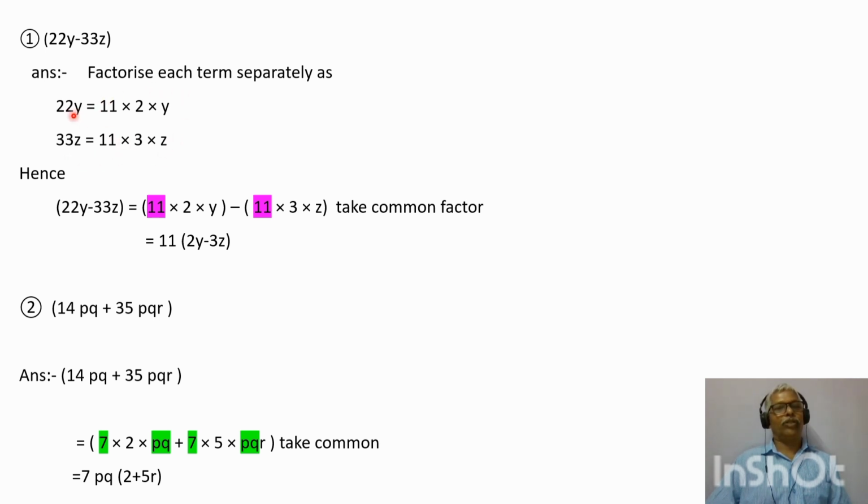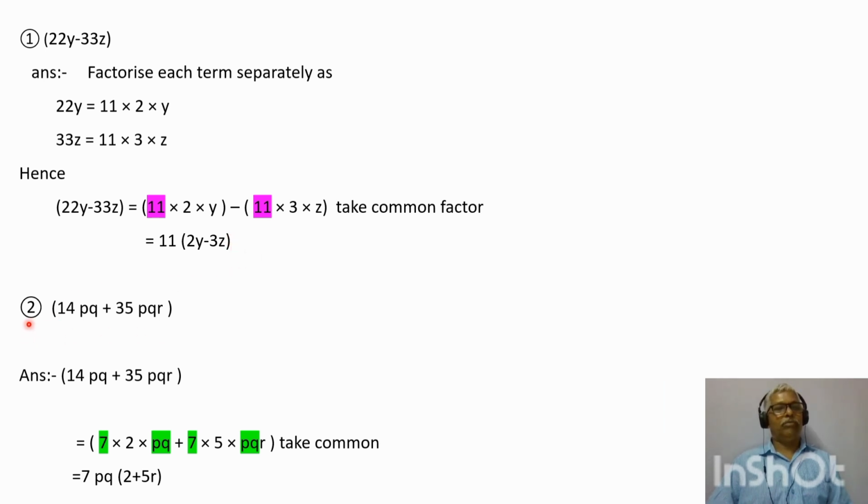These are the prime factors of these two terms respectively. Hence 22y minus 33z equal to 11 into 2 into y minus 11 into 3 into z. Now here 11 is common, so take 11 common factor. So equal to 11 into bracket 2y minus 3z. These are the factors of this expression called prime factors.